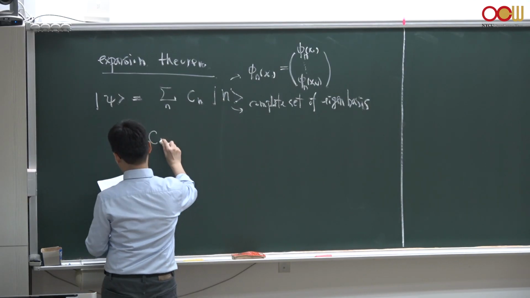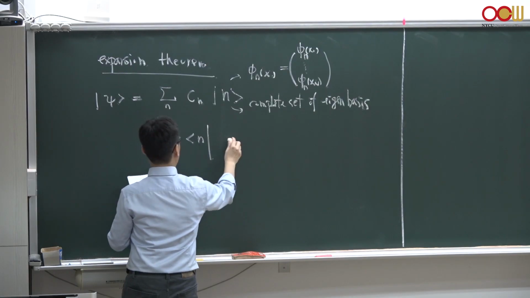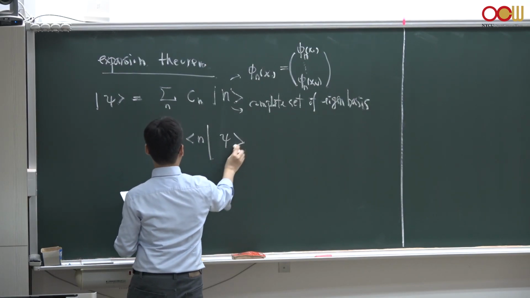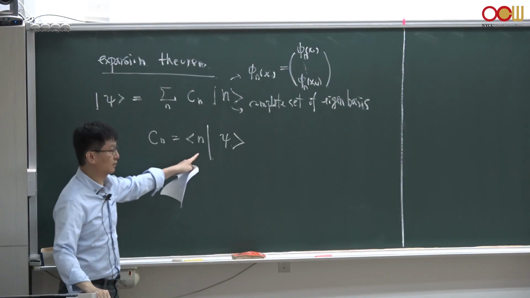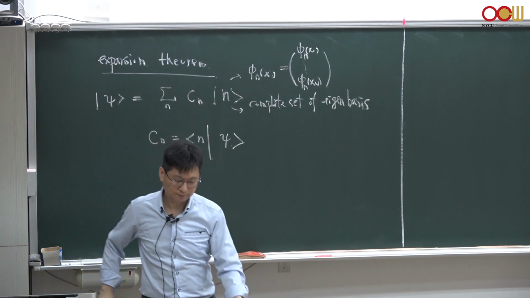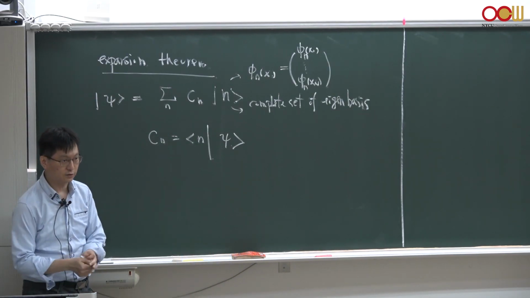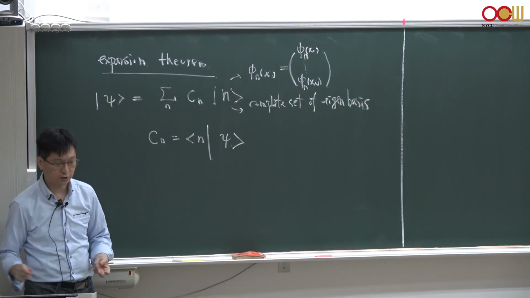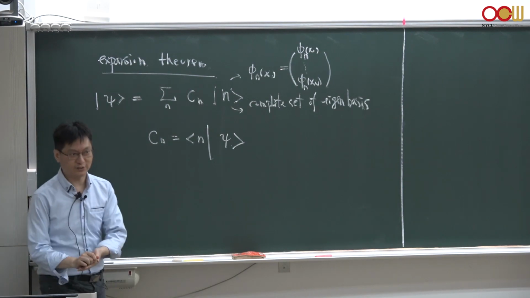And this coefficient Cn is nothing but the overlap integral between this eigenstate and the arbitrary Dirac ket state psi, right? Good. Time is up, so let's stop here. On Wednesday, we continue describing the consequence of this Dirac notation and the power of Dirac notation. See you on Wednesday.